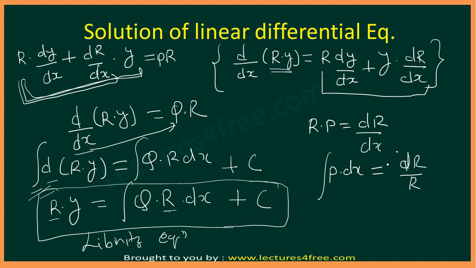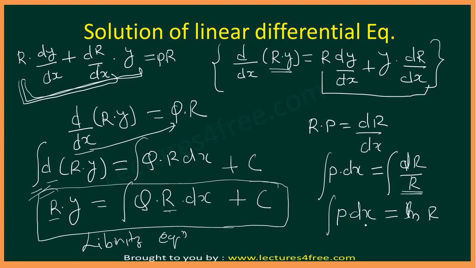Let's integrate both sides, so you will get the integration of p dx is equal to log r, since the integration of 1/r is log r. Here ln r means log to the base e.